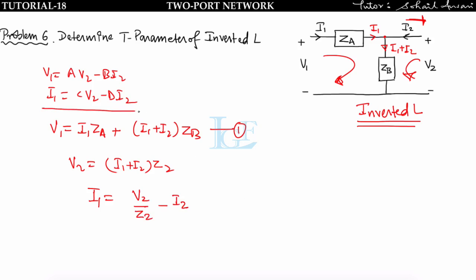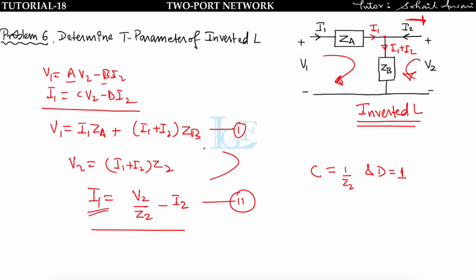Equate this generalized equation with this equation. You will get C is equal to 1 upon Z2 and D is equal to 1. Now you have to find the value of A and B. For that you have to put the value of I1 in equation first.